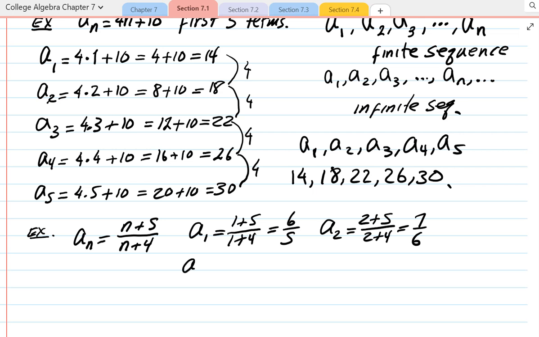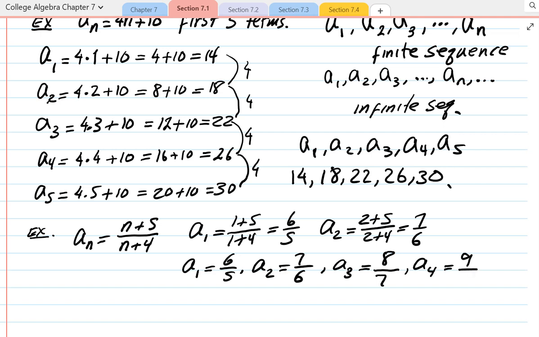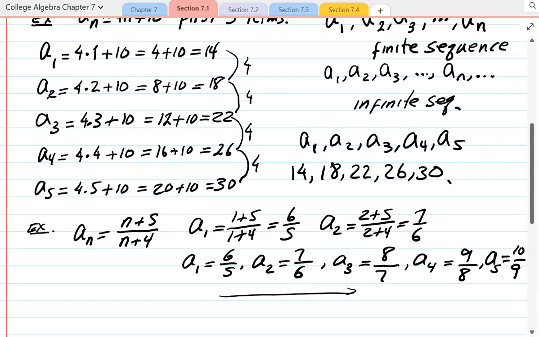So you kind of see how this is going to go, right? A1 is 6/5. A2 is 7/6. So it looks like in each case, I'm adding 1 more to the numerator. Next one is going to be 8, adding 1 more to the denominator. A sub 4 is going to be 9/8, and a sub 5 is going to be 10/9. I'm just following the pattern that I see from term to term. Okay, and there you have that.